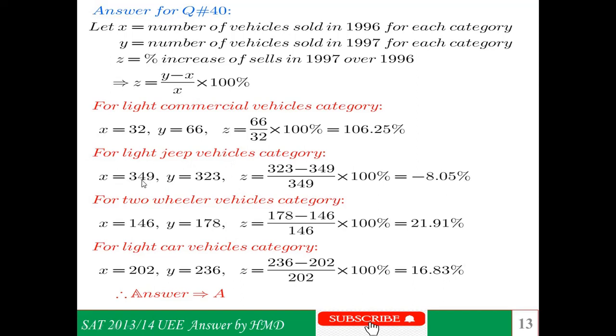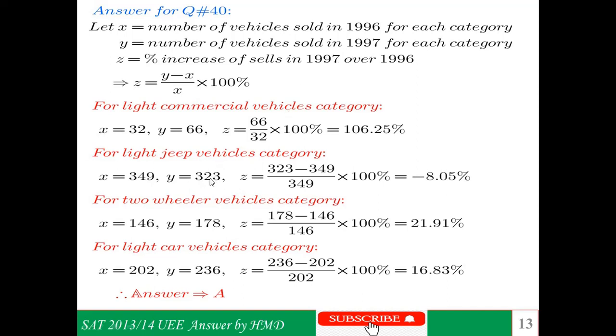For the Jeeps category, X becomes 349. By the way, X implies the number of vehicles sold in 1996 for each category, right? So the number of vehicles sold in 1996 for Jeeps is going to be 349. You can look at the table. And Y is 323. This is to mean the number of vehicles sold in 1997.